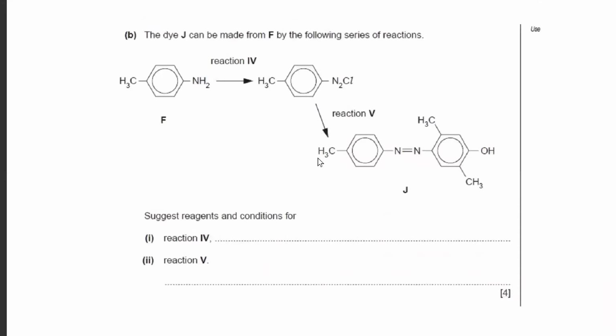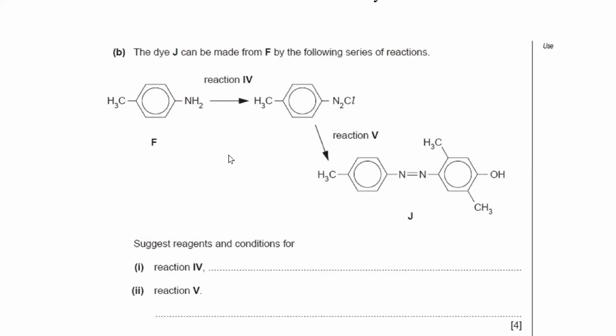That's one. So you're saying reaction number 4: the first thing is the NH2 turns into the diazonium ion, N2+, N triple bond N+1, and Cl-. So what are the conditions?